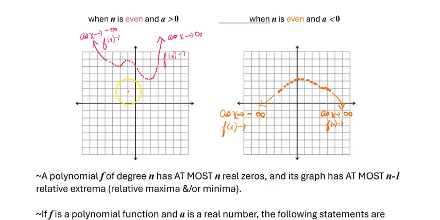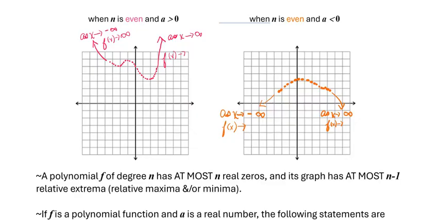If your polynomial is an even-powered polynomial, and the leading coefficient is positive, it's going to open up over time no matter what happens here in the middle. So in other words, as x approaches negative infinity, f of x is going to approach positive infinity.